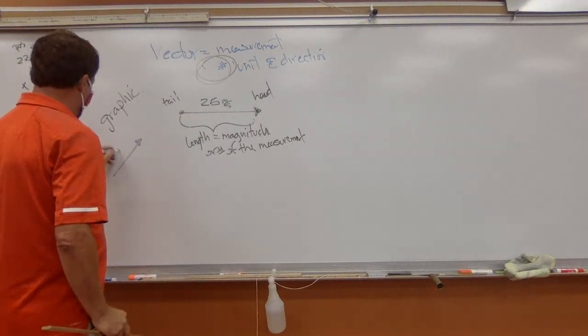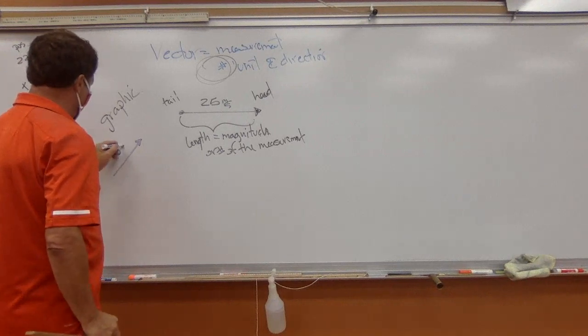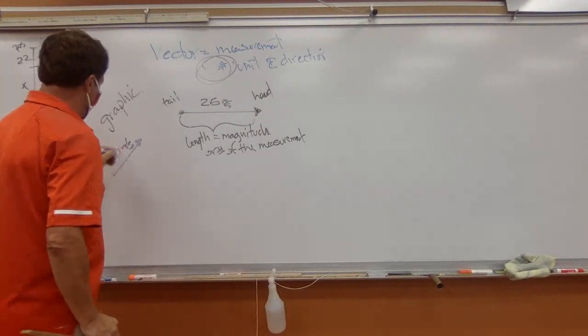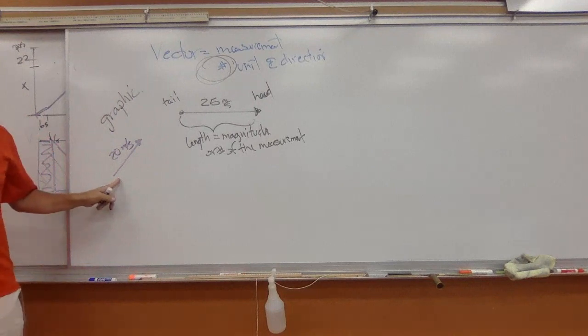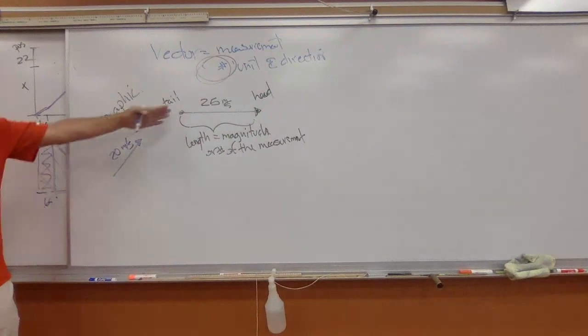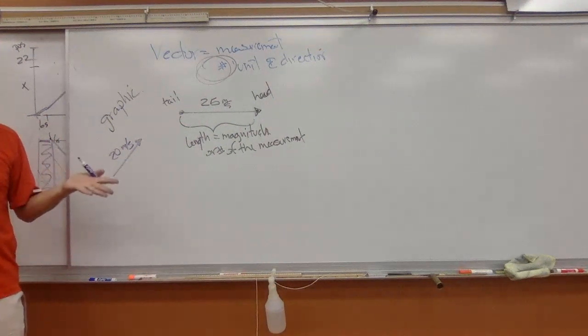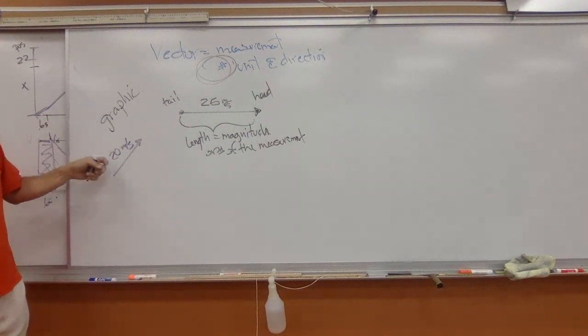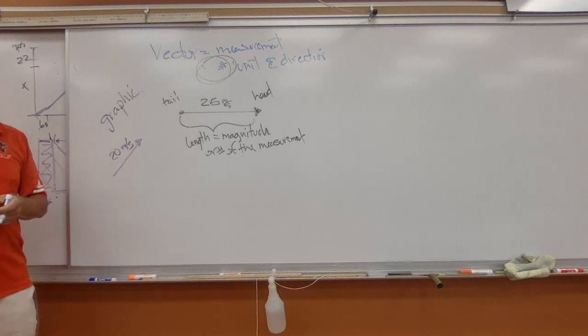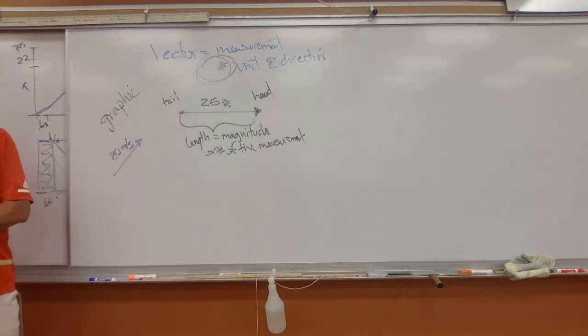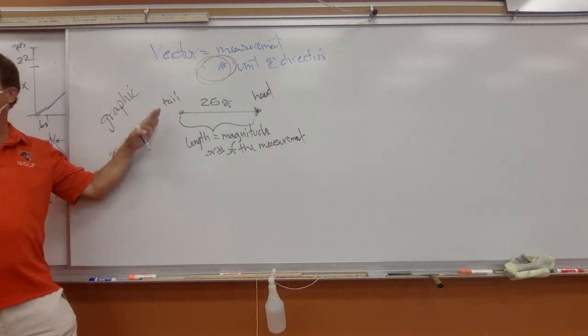That is 20 centimeters long, but since I'm using it to measure a velocity vector, it's really 20 meters per second. What direction is that purple vector going? Well, it's going this way, right?